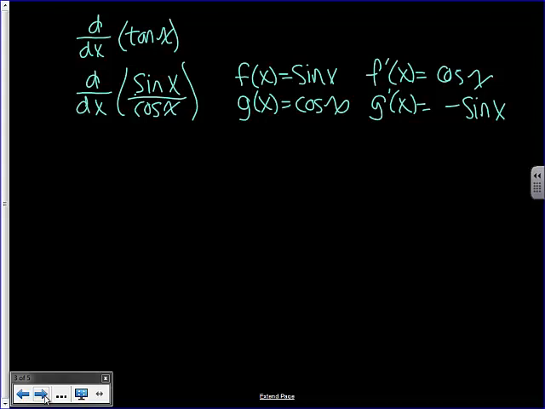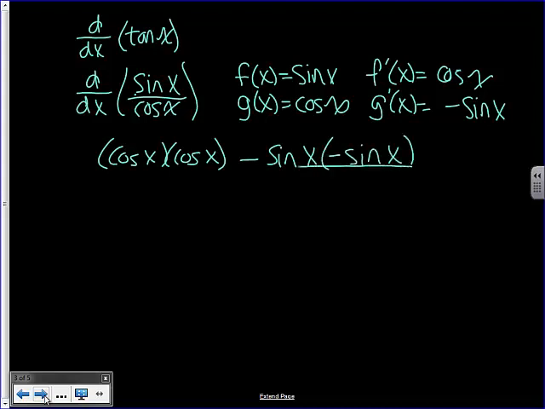Okay, so let's look at this. All right, bow de toe. So bottom times the derivative of the top. So cosine times cosine, all minus toe de bow, the top, so that's sine x times the derivative of the bottom, which is negative sine x, all over the bottom squared.